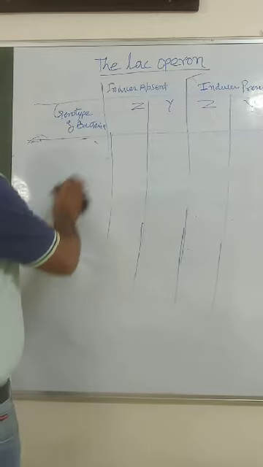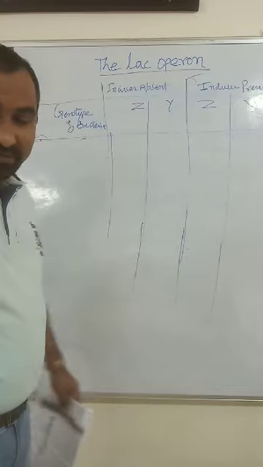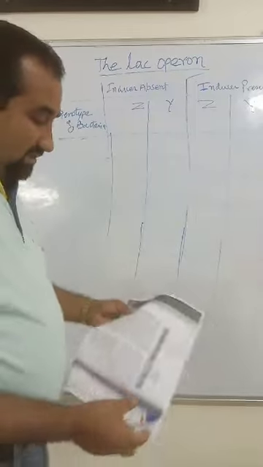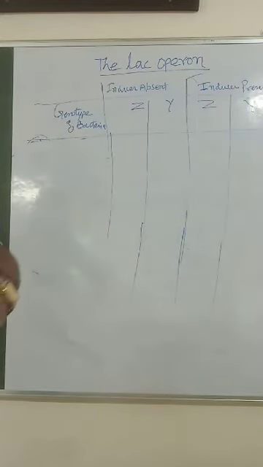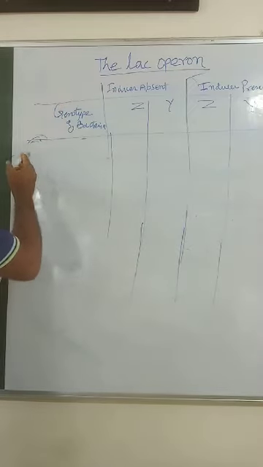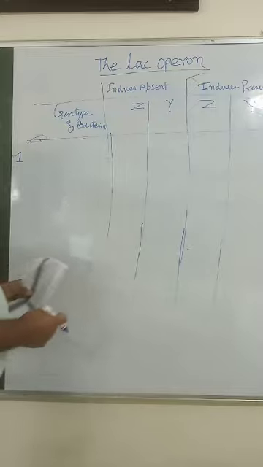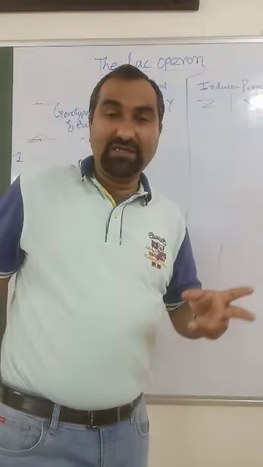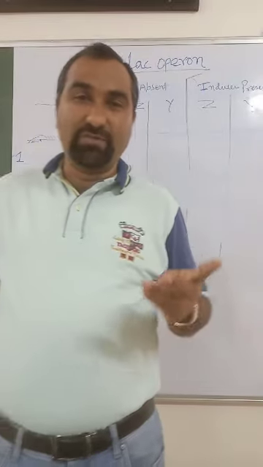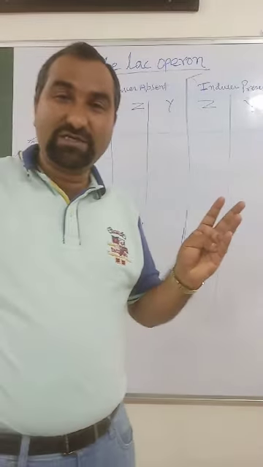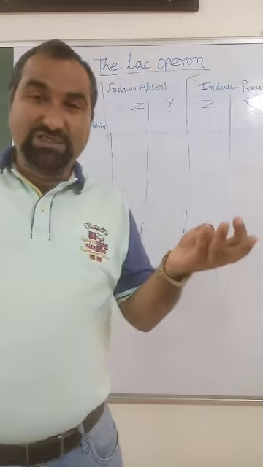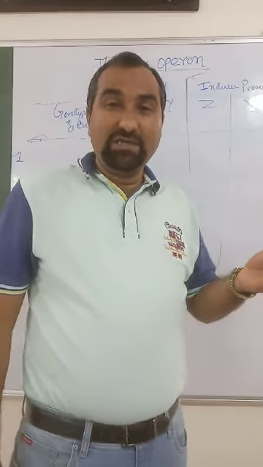So here we are going to discuss the same conditions as in the case of the haploid bacteria. So in the first case, this bacteria is diploid, that is it has two copies of each gene of a lac operon. It means it has two regulator sequences, two operator sequences, two copies of each structural gene, two promoter sequences.